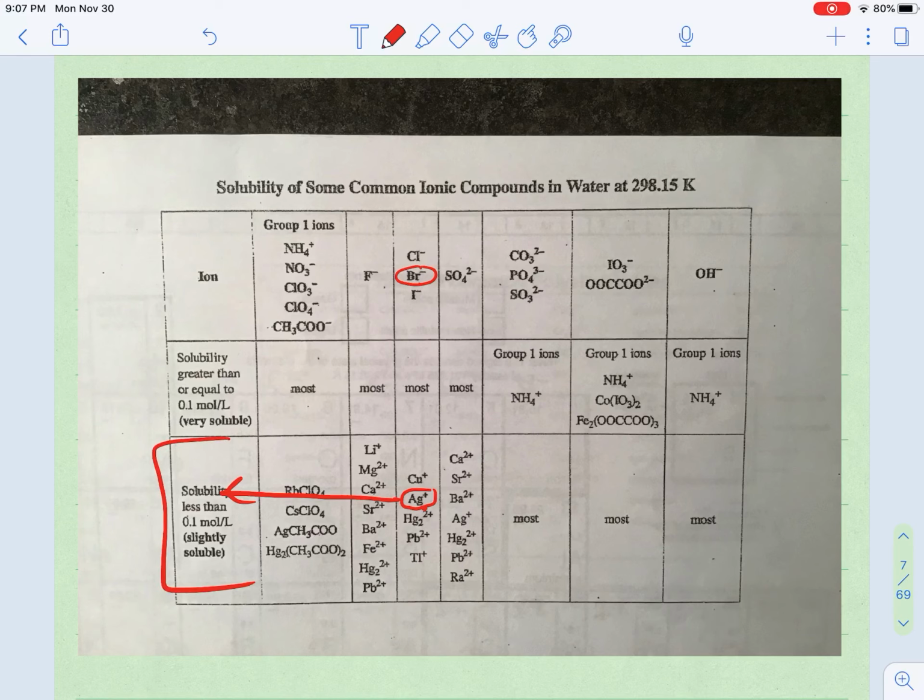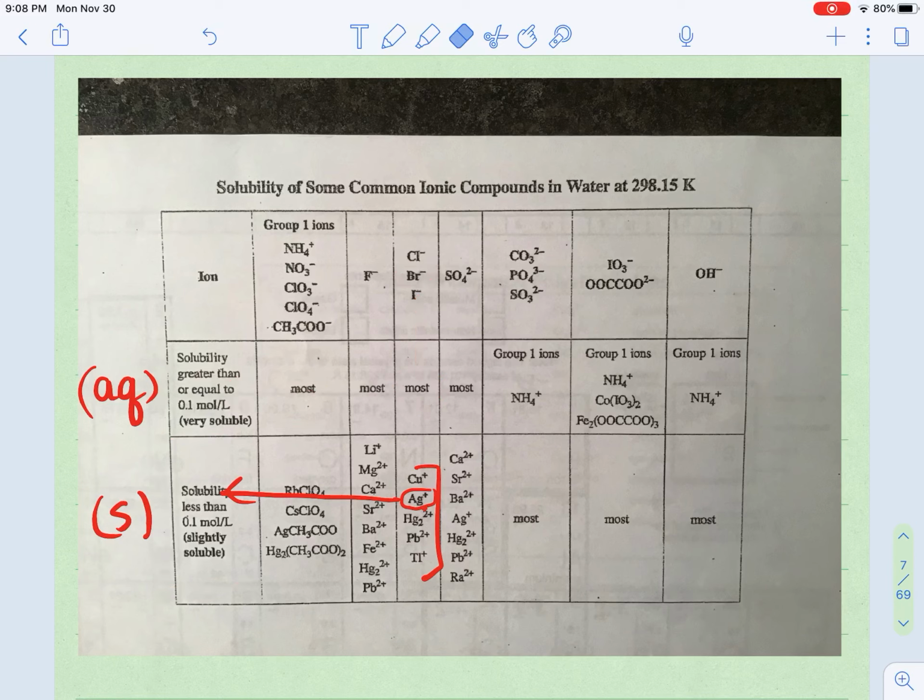So anything in this area would be written as a compound that's solid. It would form a precipitate. It says most things though with bromide, anything besides this group would be considered to have a very high solubility and dissolve in water very easily. So we would indicate the state as being aqueous.